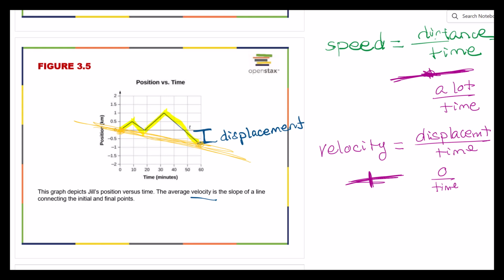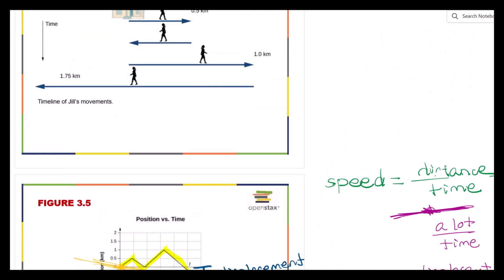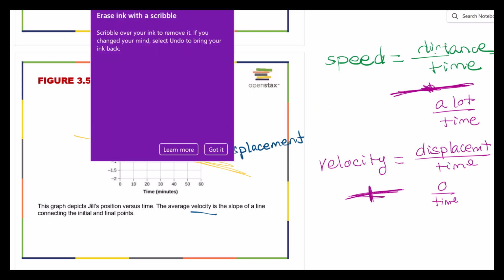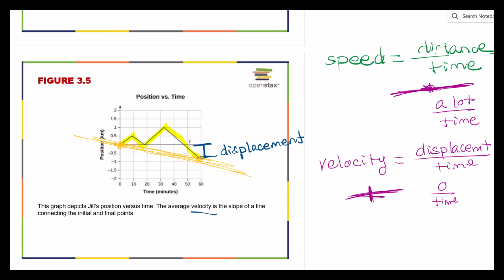I started at 0.0, I ended up at a position of negative, I can't read, what is that going to be? Negative 0.75. So in this case, my average speed was, or average velocity, sorry, I'm using the wrong words. My average velocity is: I start where I started, I end where I ended.